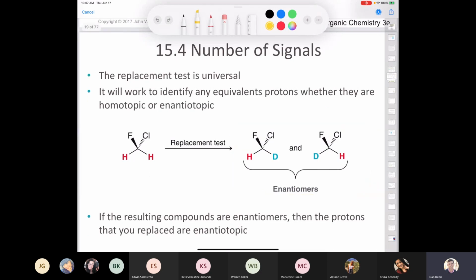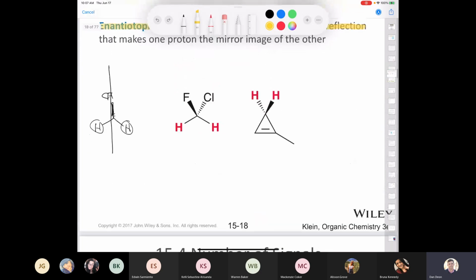They're chemically equivalent. So if we go back to this one here, if somebody says they can't see this, look, if we do the replacement test, we draw this compound where we have a hydrogen here and a deuterium here, okay? And then we draw the other compound where we replace the other one.